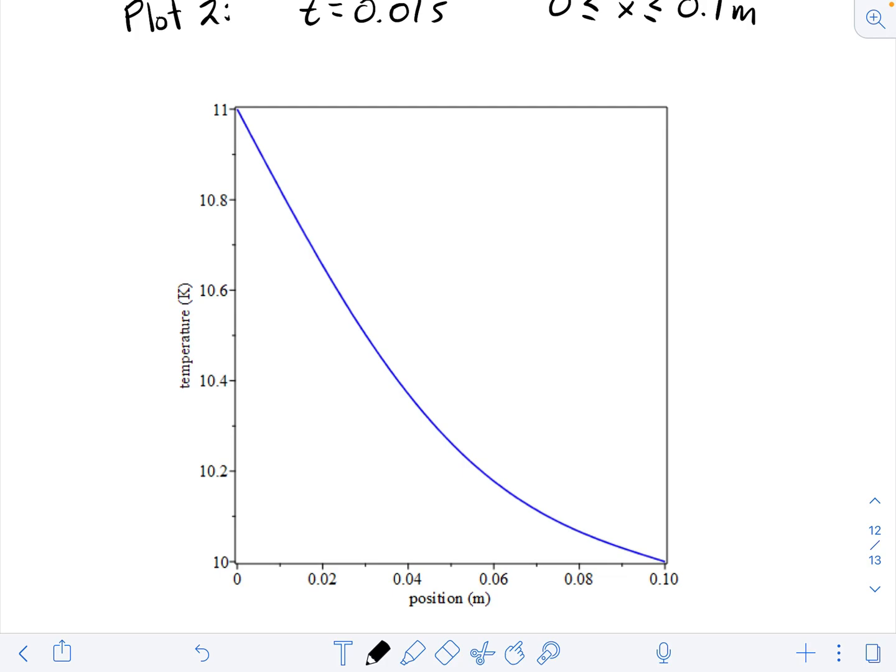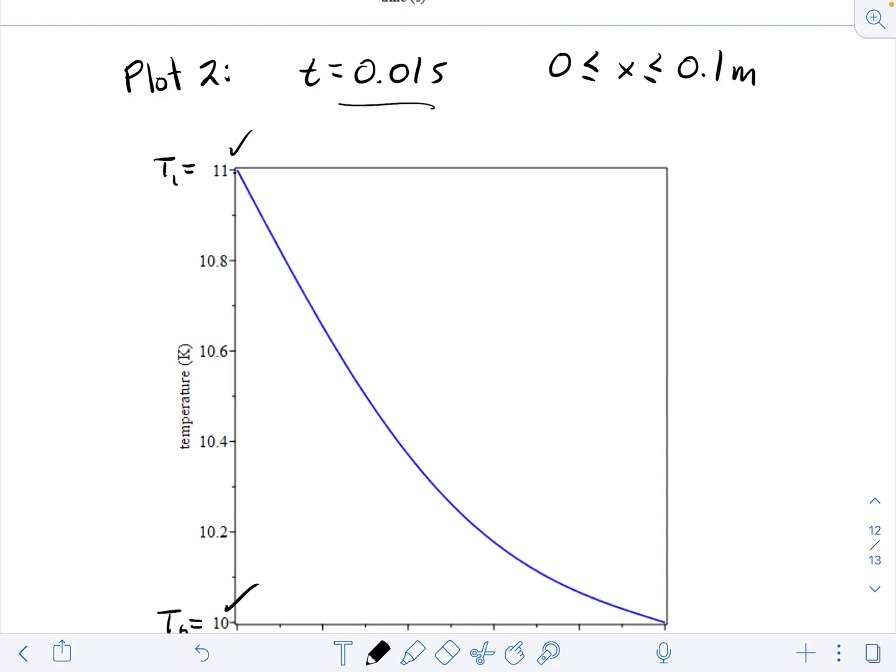Okay, good. And so again, we could check to see that this makes sense. At a position of 0, we expect the temperature to be 11. And that's the T1, and so that works. And then at a position of 10 centimeters, we expect the temperature to be T0, and that's where it is. And so here we see, after 10 milliseconds, what the temperature profile along the length of the rod is.